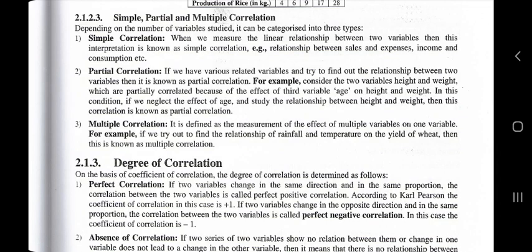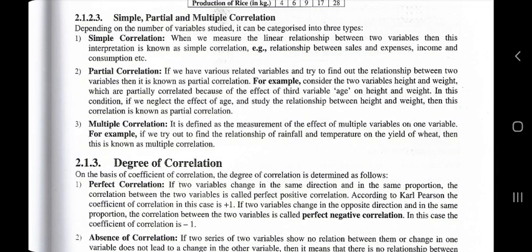Let's see the example. Consider the two variables height and weight, which are partially correlated because of the effect of a third variable, age, on height and weight. If we are considering height and weight, but age is also a factor which can affect height and weight. Okay.